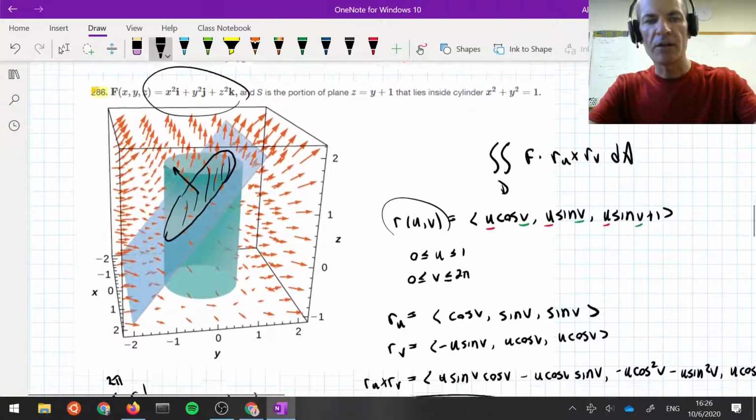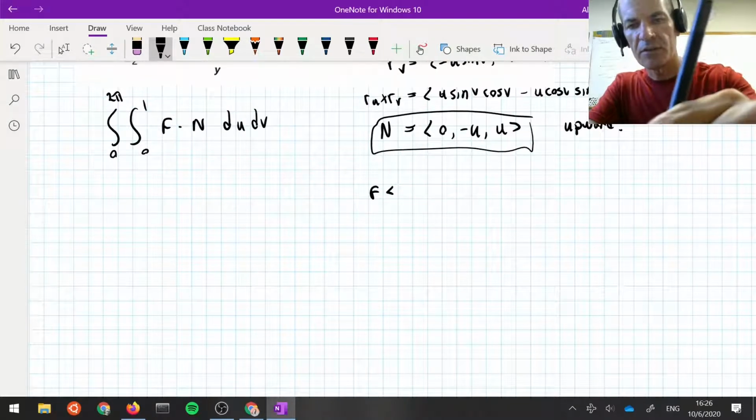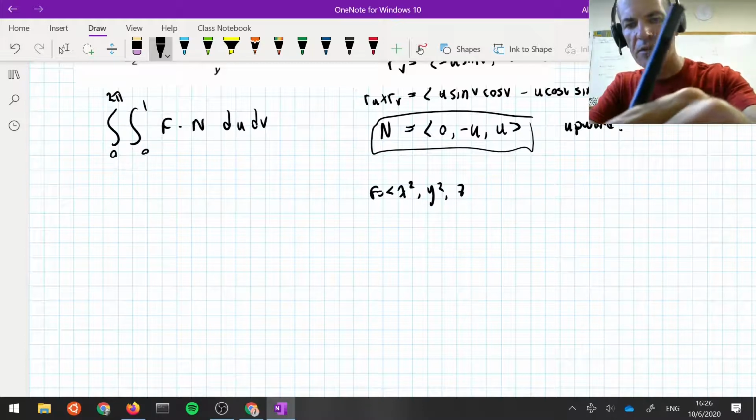So f along the parameterization, let me write this down here. F is x squared, y squared, z squared.